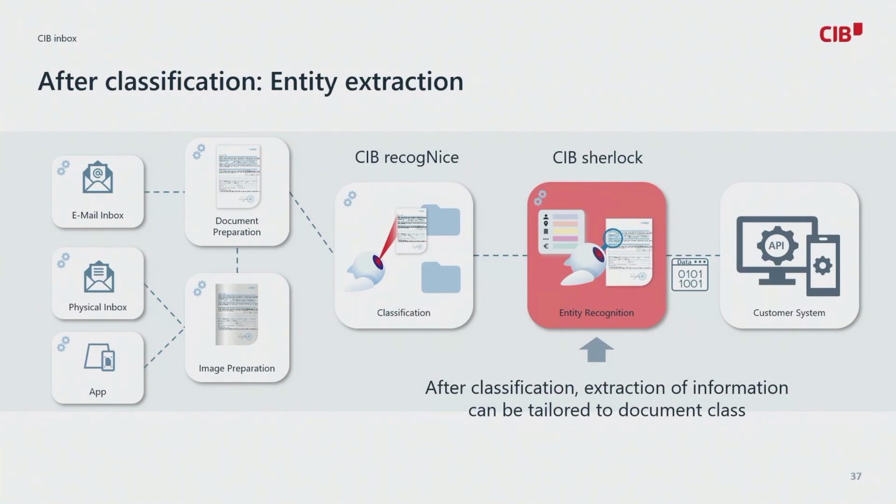So the basic example is if you have a car registration, you often want to extract information about the car. But if you have a contract, you don't want to extract information about the car. Most of the time, inside the contract, there is no information about the car, other than in cases where the contract is about car sales or something like that.